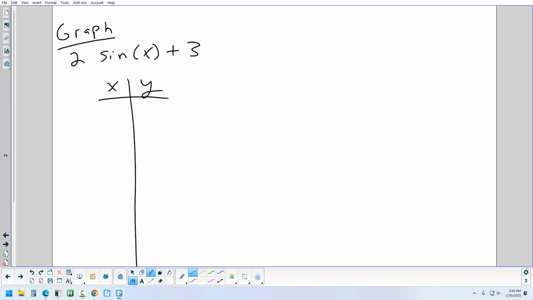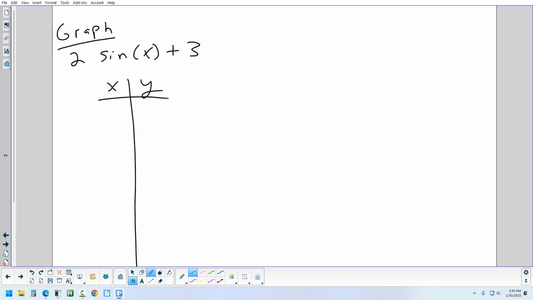Stretch it. Which way? I need a direction. Vertically. So that's going to stretch it vertically.